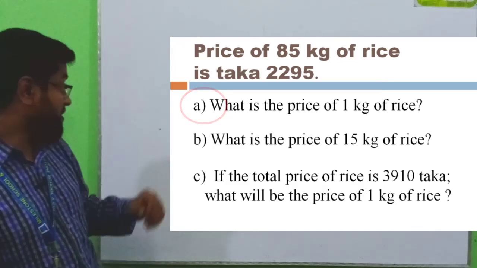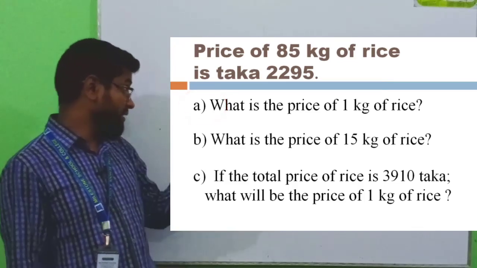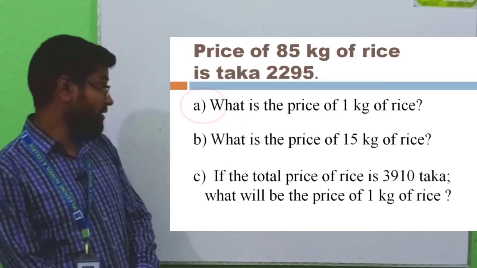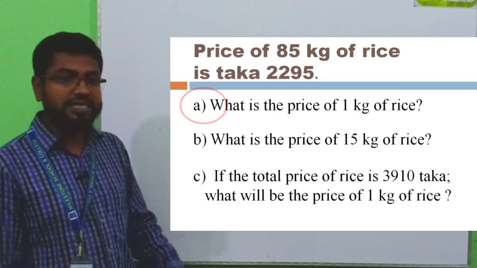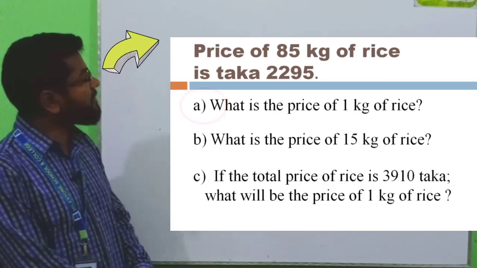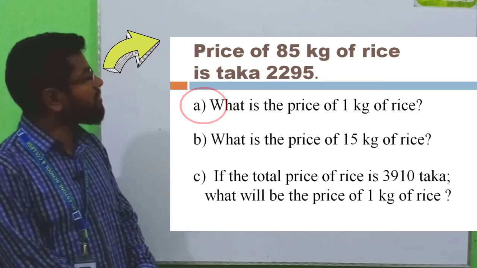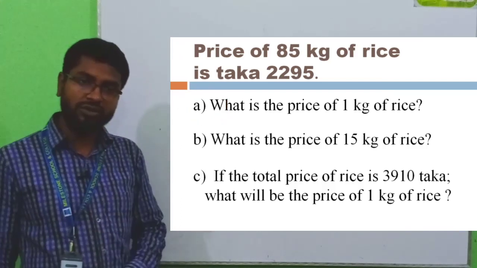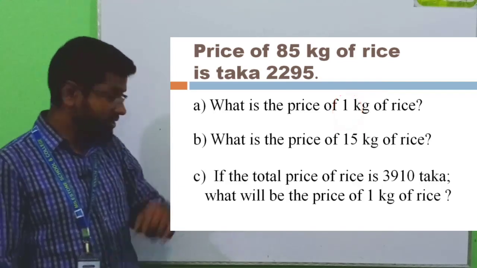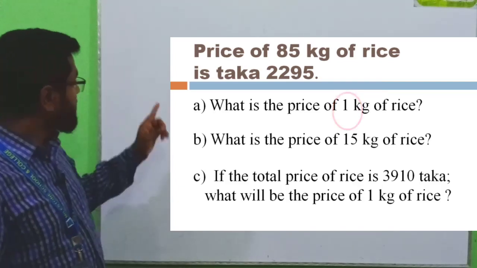So, first question solution. See again this first question and relate with the STEM. STEM is telling price of 85 kg of rice is 2295 taka. So we need to find out price of 1 kg of rice. Yes, solution.